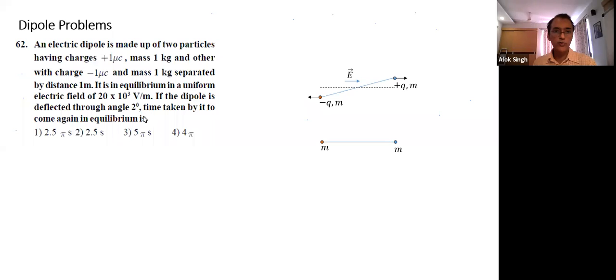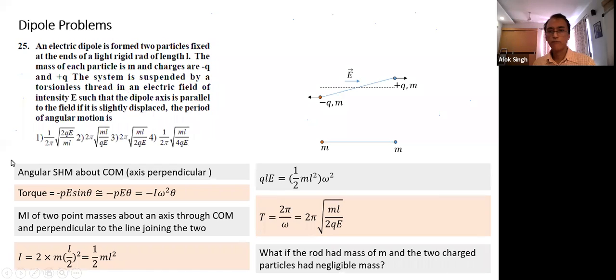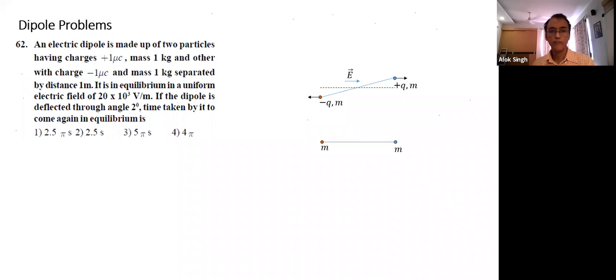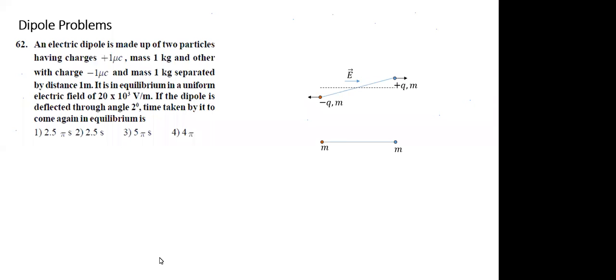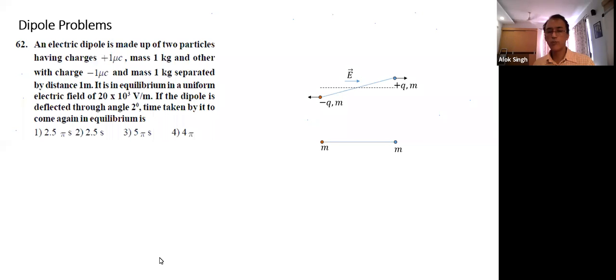How do we make use of this 2 degree here? What is the significance of this 2 degree? It's a small angle, so we can consider it as SHM. 2 degree has no other meaning. It only tells that it is a small angle, hence I can treat it as SHM.